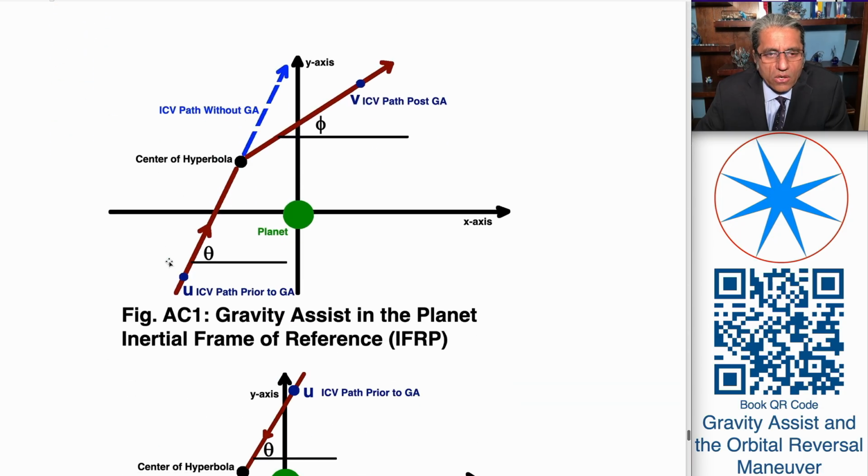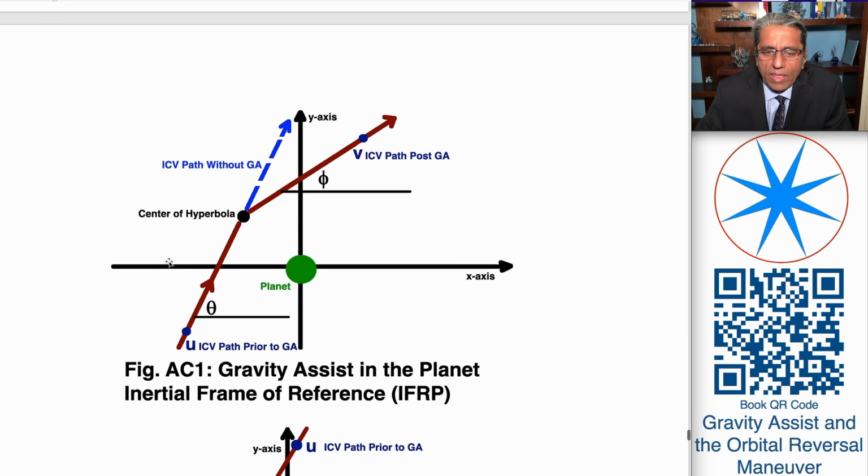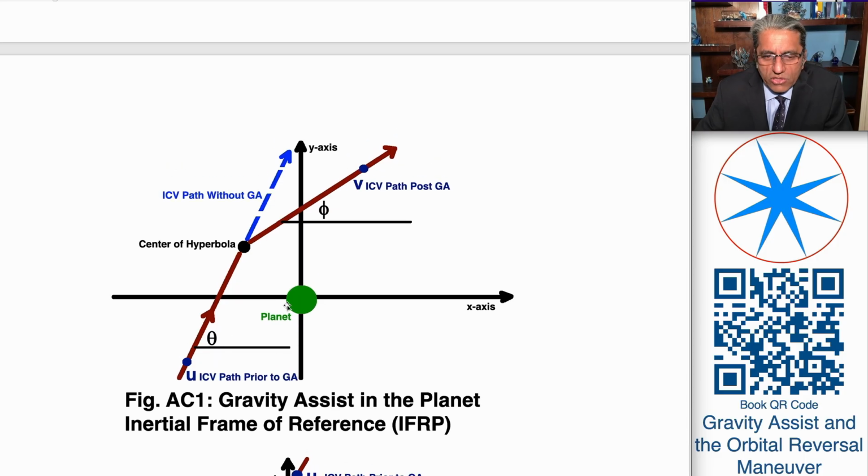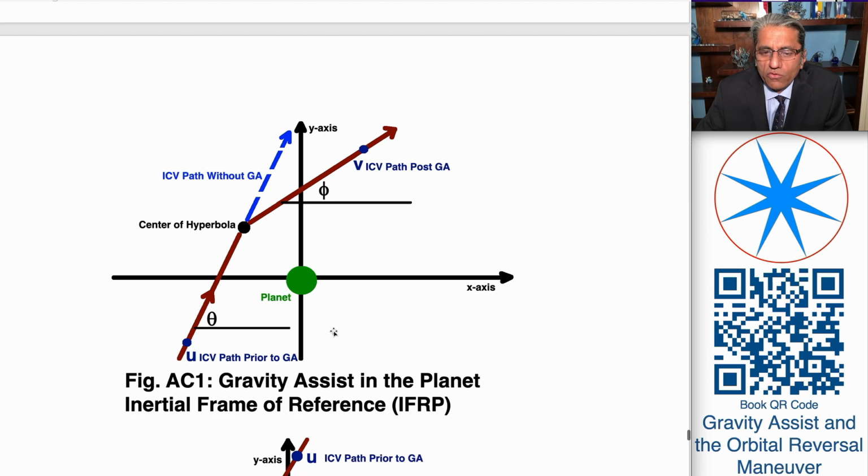Then let's take a look. Here we have a planet, which was actually going in this direction in the solar inertial frame of reference. But moving on to the planet frame of reference, this planet is stationary. And you have a spacecraft approaching it along this line and then getting deflected.